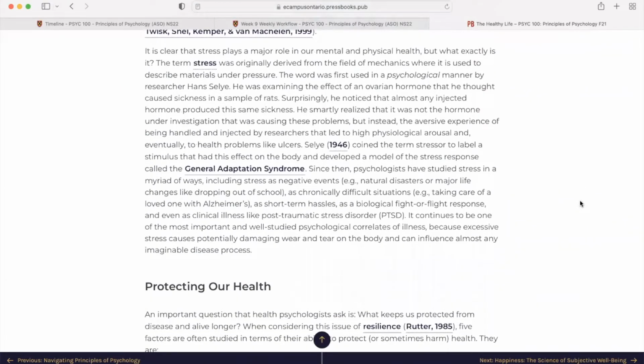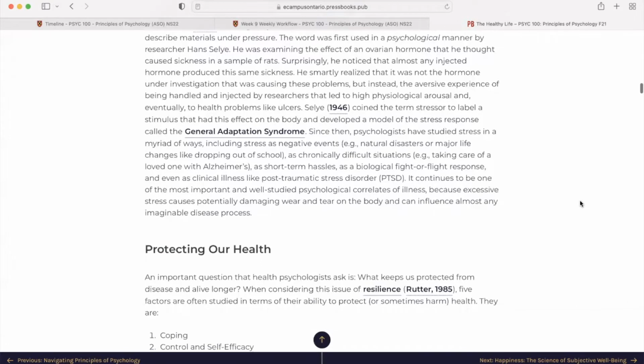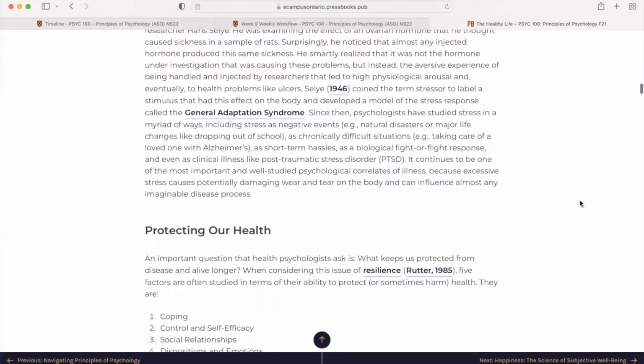The term stress was originally derived from the field of mechanics, where it is used to describe materials under pressure. The word was first used in a psychological manner by researcher Hans Selye. He was examining the effect of an ovarian hormone that he thought caused sickness in a sample of rats. Surprisingly, he noticed that almost any injected hormone produced this same sickness.